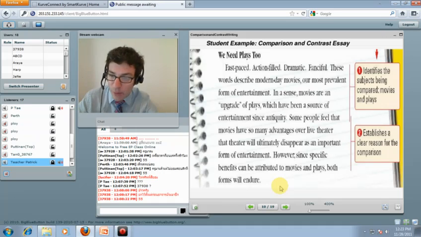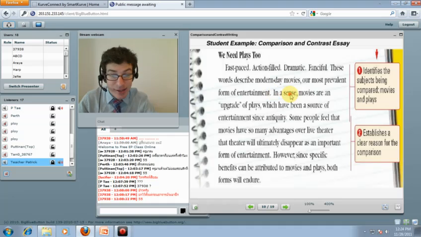If you look at point number 1 right here, it says identifies the subjects being compared, movies and plays. In the very beginning of your paper, you absolutely need to say what you're going to talk about. So here it says, in a sense, movies are an upgrade of plays. Brilliant.